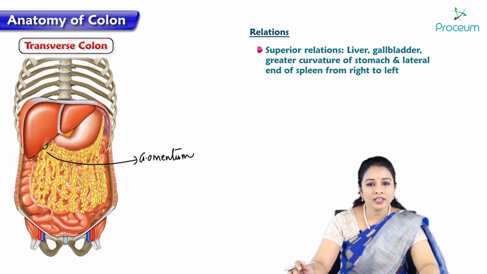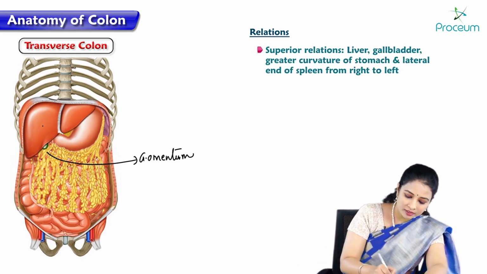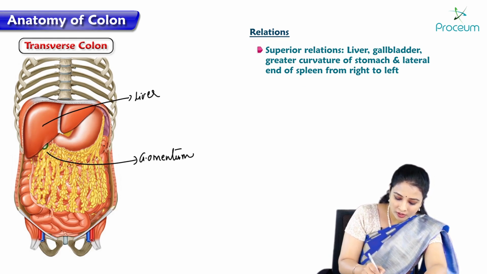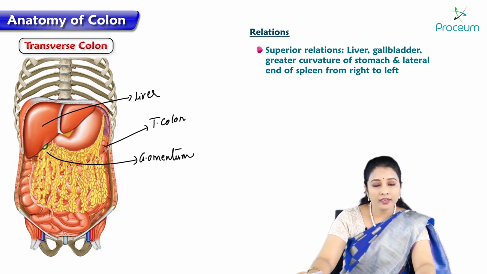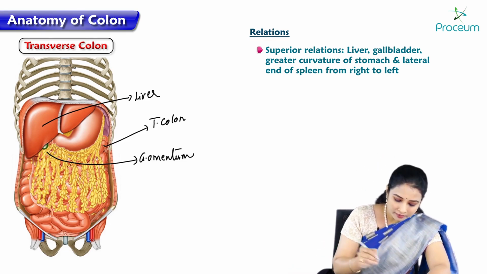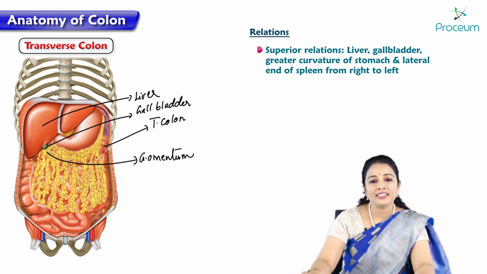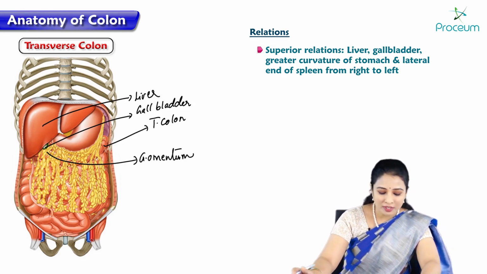Superiorly, it is related to liver. So, we can see the liver here. The transverse colon is covered by greater omentum anteriorly, and it is related to gallbladder. It is related to greater curvature of stomach.